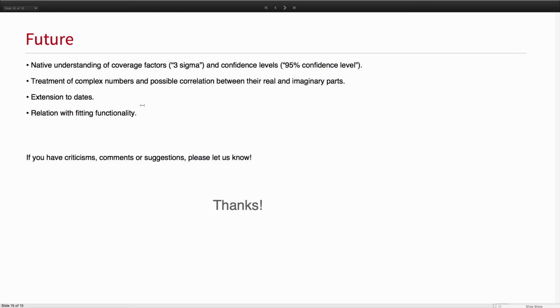We also want to extend this to dates in the same way that it interfaces now with quantities. We want it to interface with dates, so we can talk about dates which are kind of fuzzy, not fully specified. And of course, this needs to be propagated through the system and parts of the system that worry about uncertainty, like fitting functionality, etc.